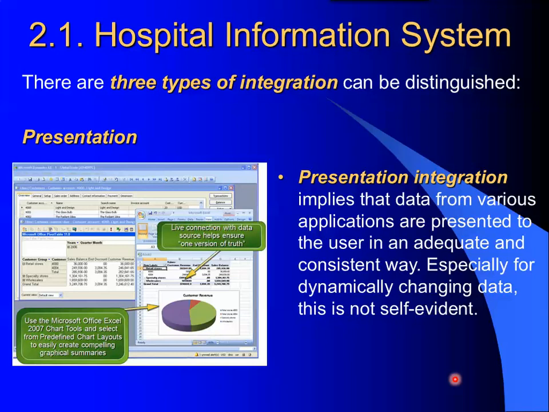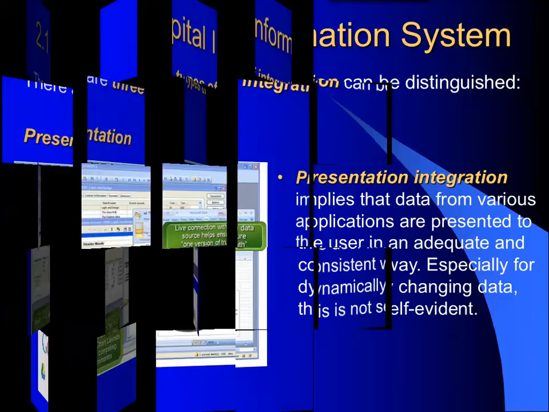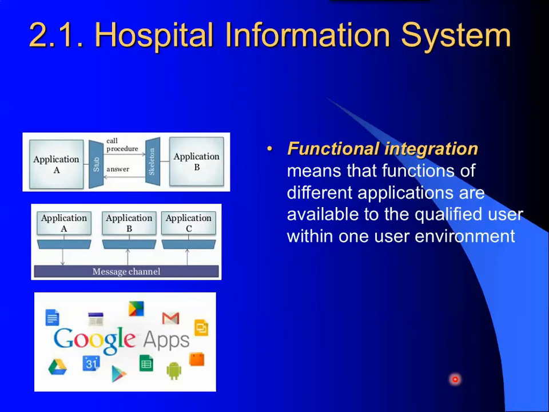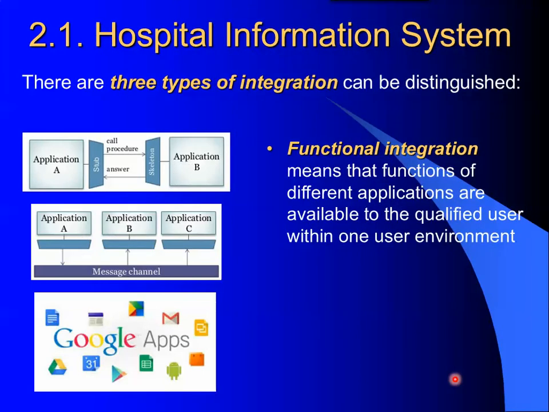But it is important to understand that this actually moves us into another level of integration, because there we are talking about a combination of data integration as well as function integration, when we have a function from one application available within another, within a central interface.